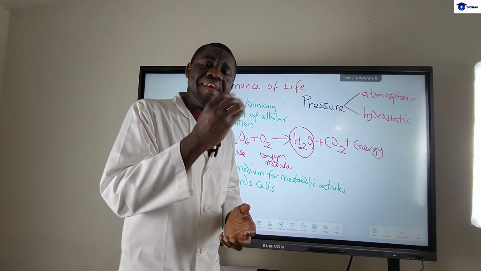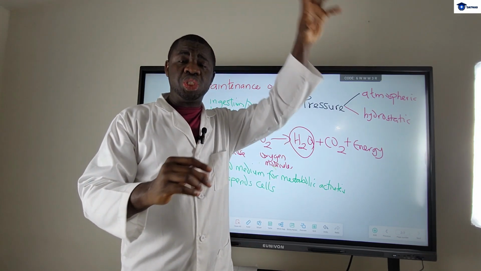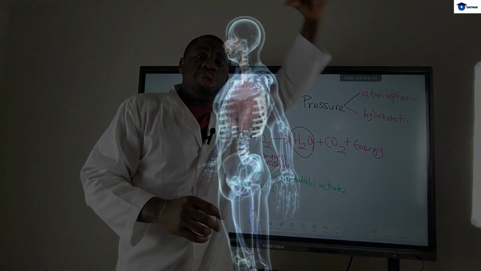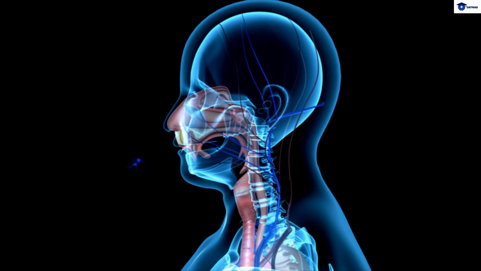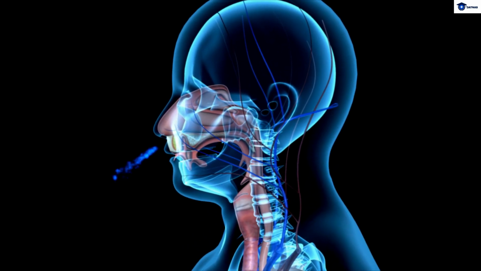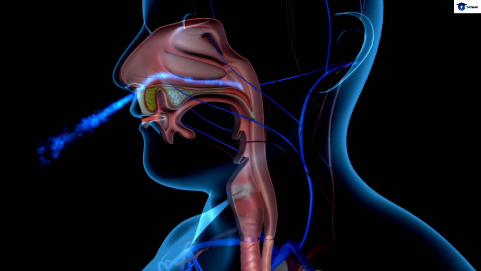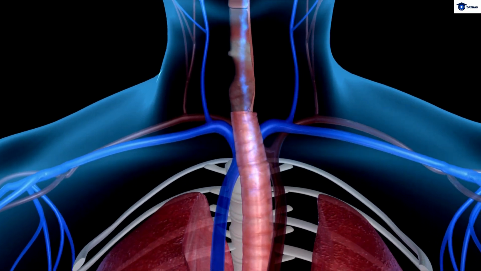Because the air in the atmosphere is of higher pressure, that makes the air rush in during breathing, during inspiration. And when we breathe in, oxygen enters because oxygen is high in the atmosphere.